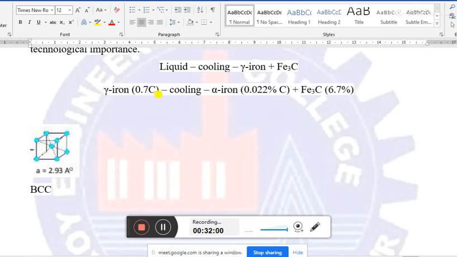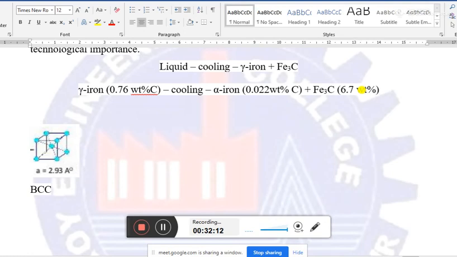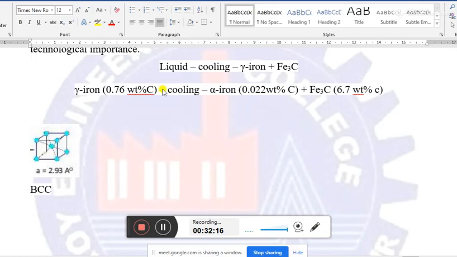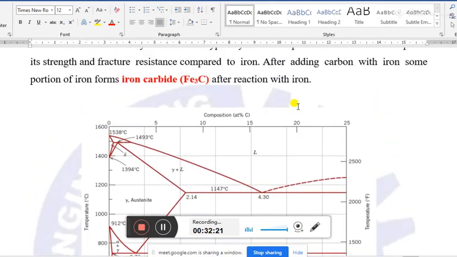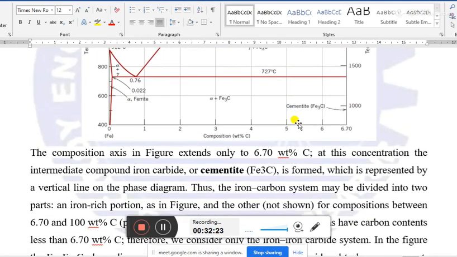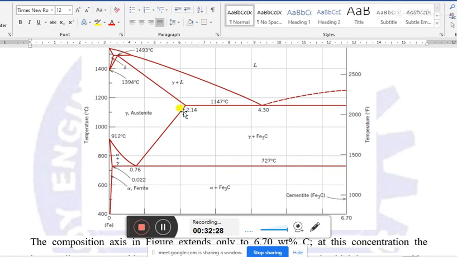And here you may write weight percentage of carbon. Here also weight percentage of carbon. Like this, you may make these two equations for these two parts. There are two important phase boundaries. One is at 727 degrees Celsius, one is at 1147 degrees Celsius.